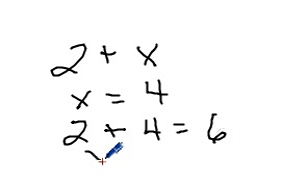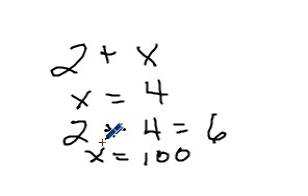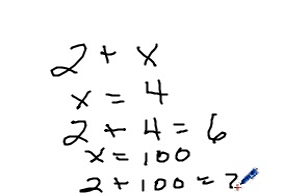If we said x is equal to 100, we would have 2 plus 100 equals 102. So we just take the value that we give to x and substitute it where x was to evaluate an expression.